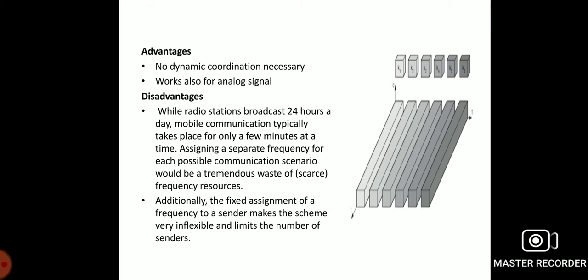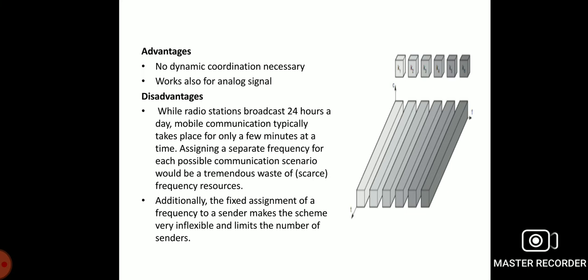The receiver only has to tune to the specific center frequency. In frequency division duplexing, namely forward and reverse channels, the forward frequency band provides radio traffic from the base station to the mobile unit, and the reverse frequency band provides radio traffic from the mobile unit to the base station.